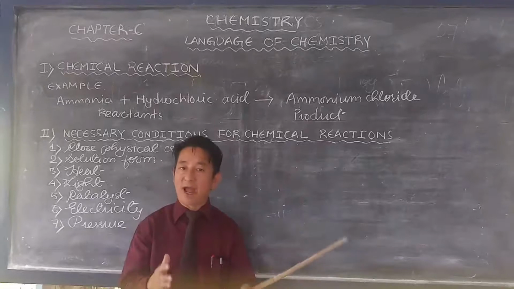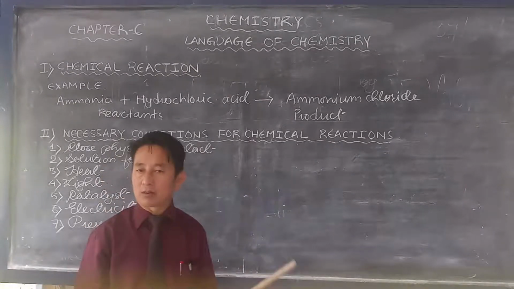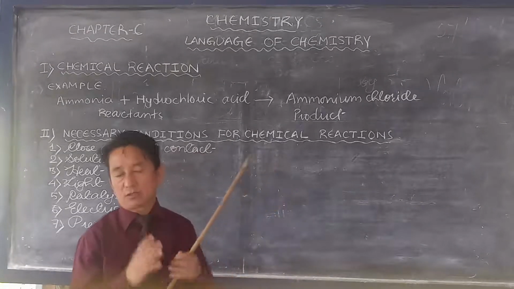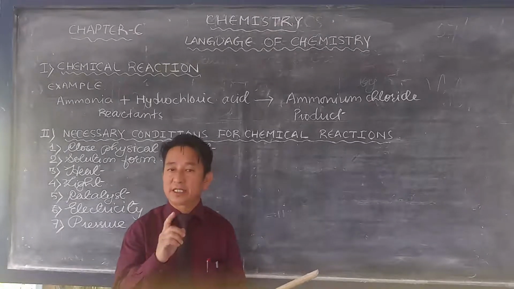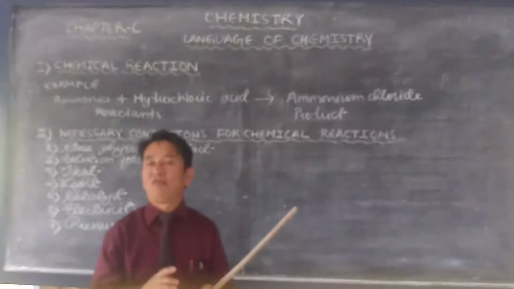As you know, we have already learned about physical and chemical changes. Now, what is a physical change? A physical change is a temporary change in which no new substances are formed.